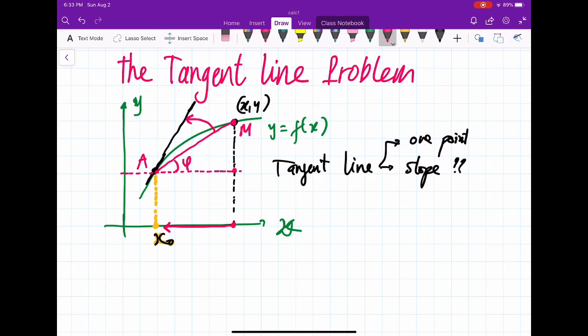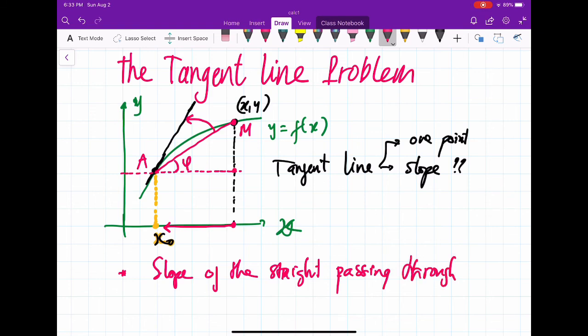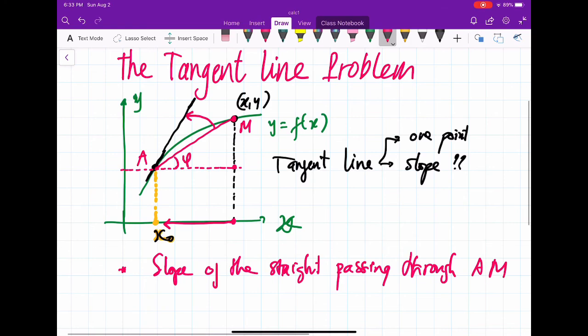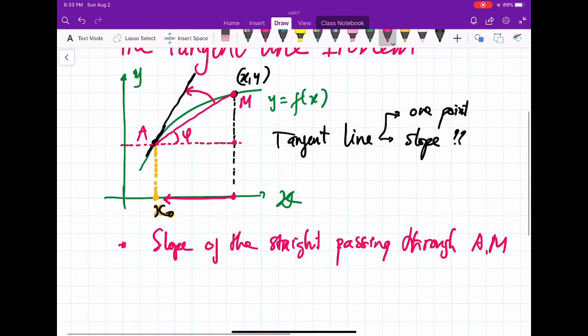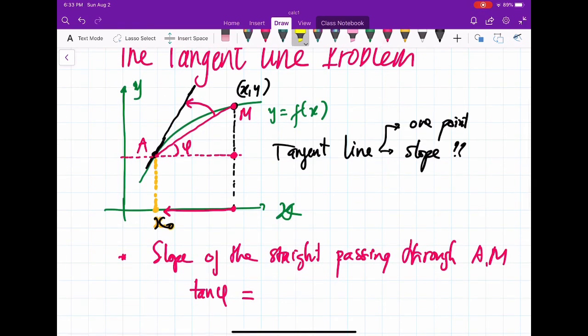So let me find the slope of the straight line passing through A, M, okay? That is tangent of phi, which is equal to, the tangent of this angle equals this distance divided by this distance.